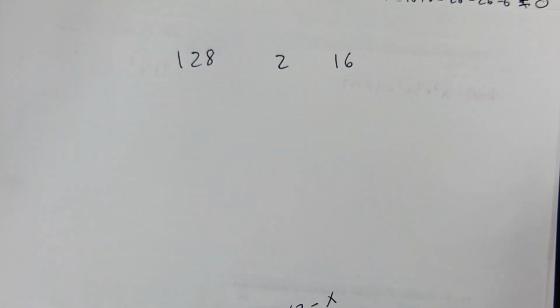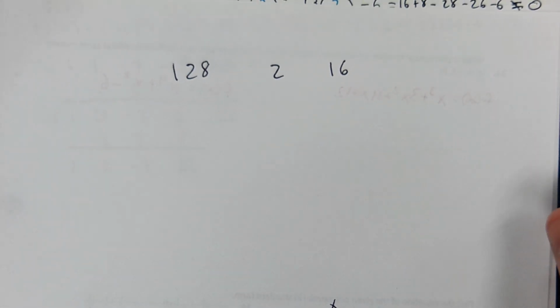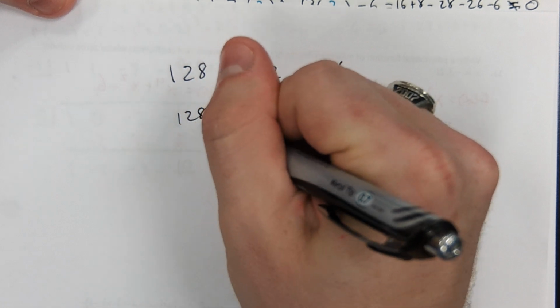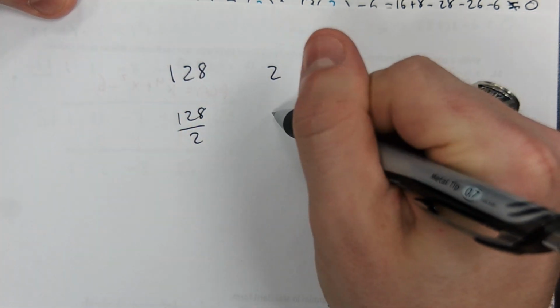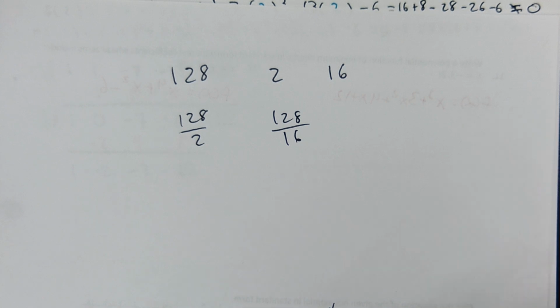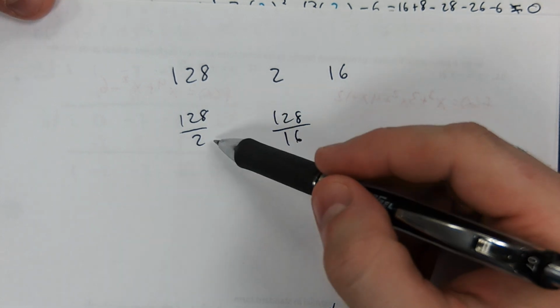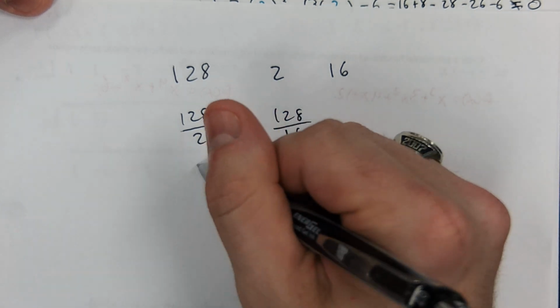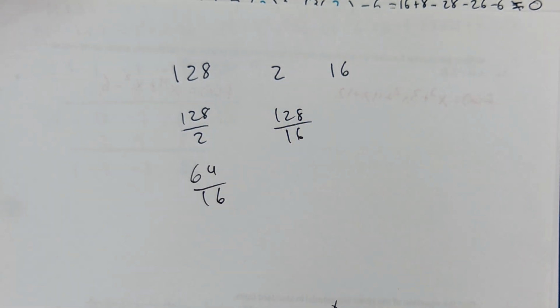And I wanted you to keep factoring. Would you have done this? If I said continue to factor it? You wouldn't have, would you? You would have divided by 2, and then the result, you had divided that by 16, correct?